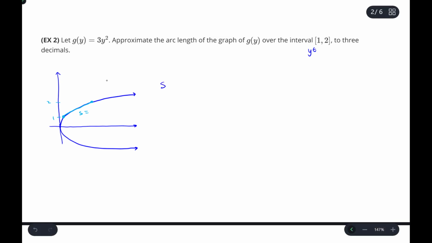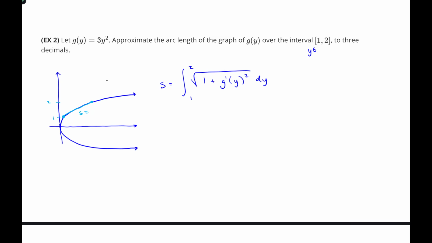That would be calculated as s equals the integral from 1 to 2, and then, of course, the square root of 1 plus g prime of y, quantity squared, dy. Since everything's of y, we need to leave our function in terms of y, and that's no problem. The derivative of the function g could be found just using standard rules here, so 6y.